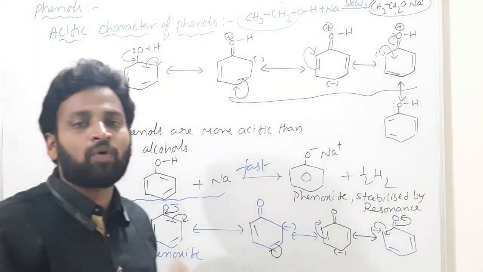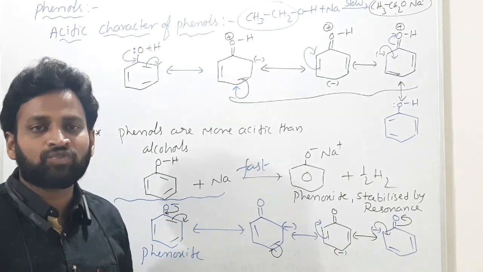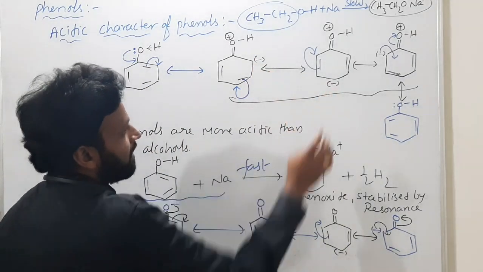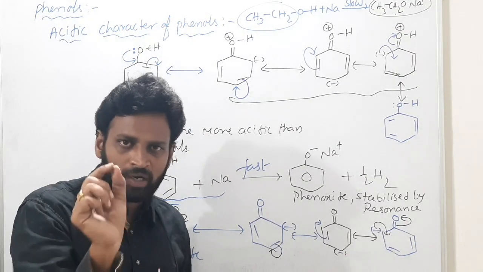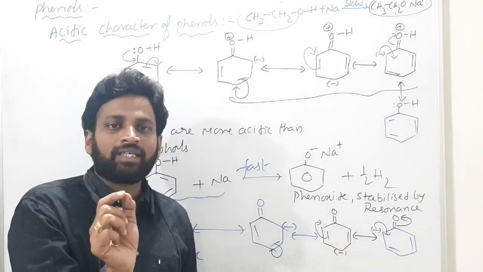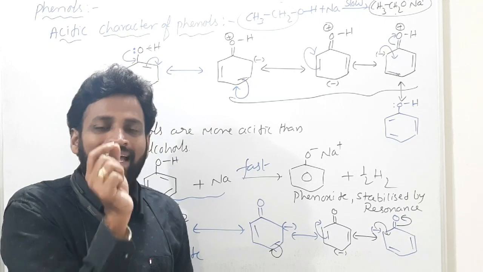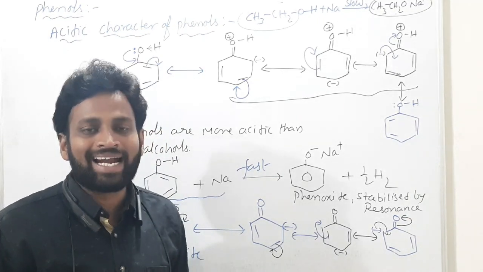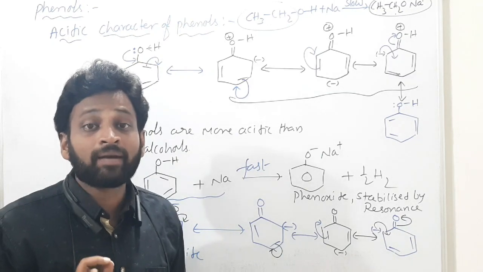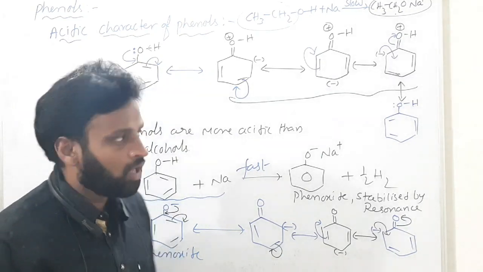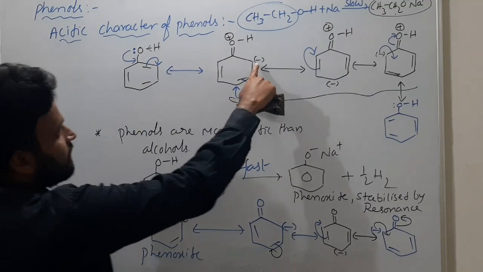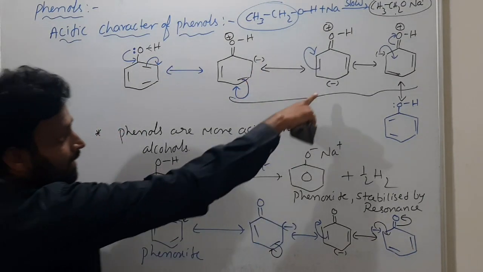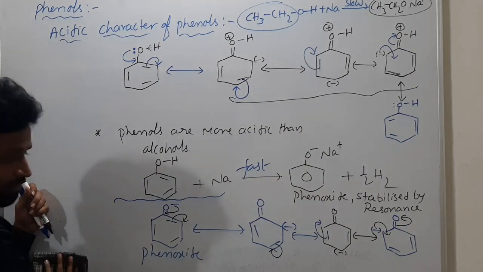Electrophile means positive species. Those positive species can add at the ortho position and para position. So here is one more important note: in phenols the electrophilic substitution reactions take place at ortho and para, where you have negative charge.